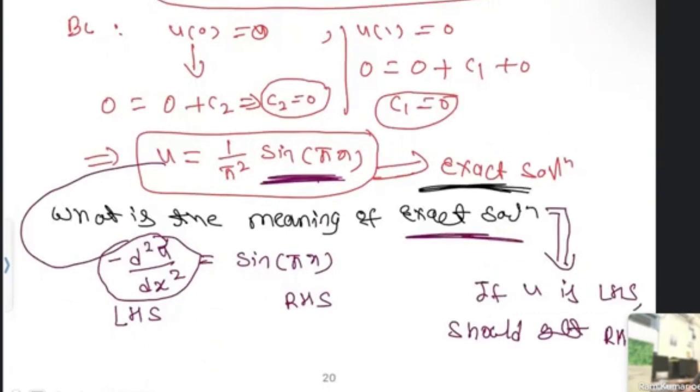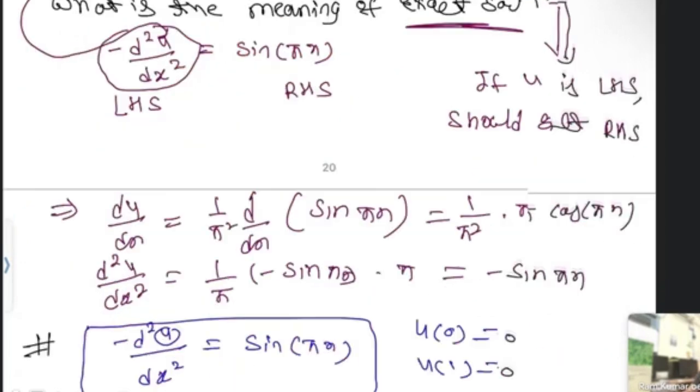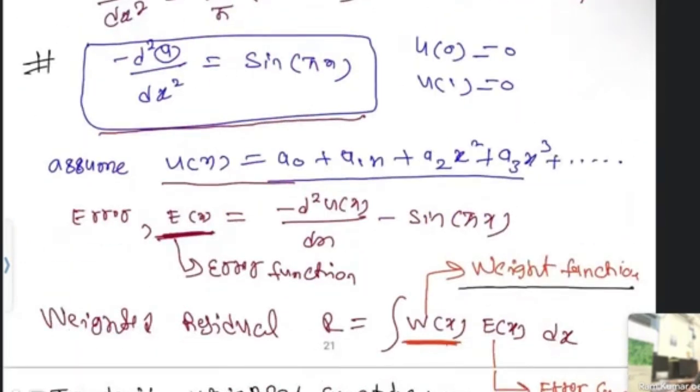But now I'm saying I don't want to solve by this, because sometimes we are not able to find the exact solution. So I assume one function following a polynomial. It can be sine or other trigonometric functions as well, but for simplification I assume a polynomial, and it will have some error.